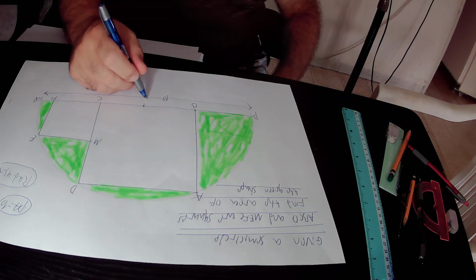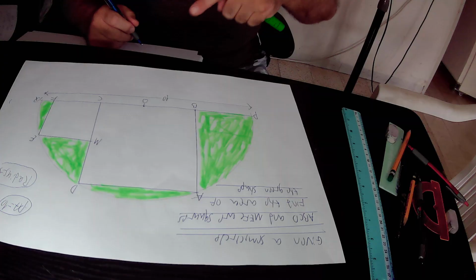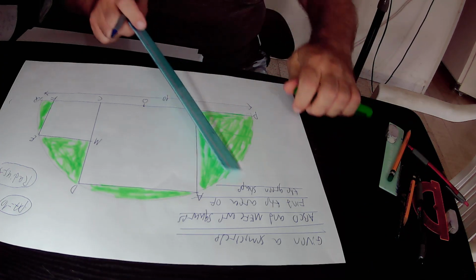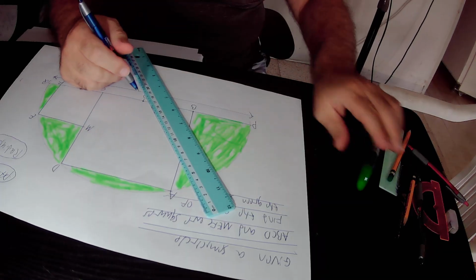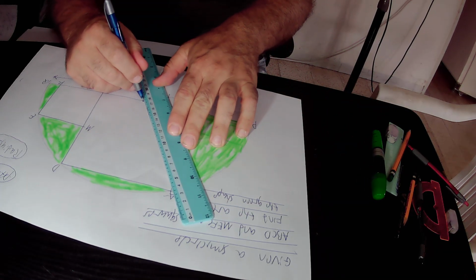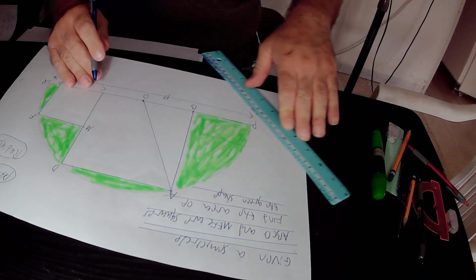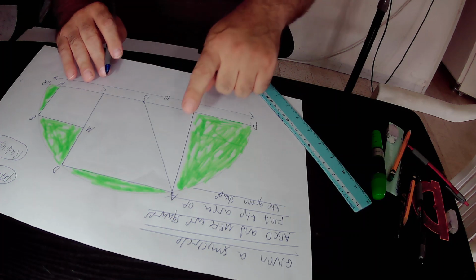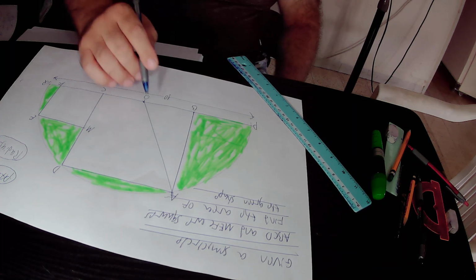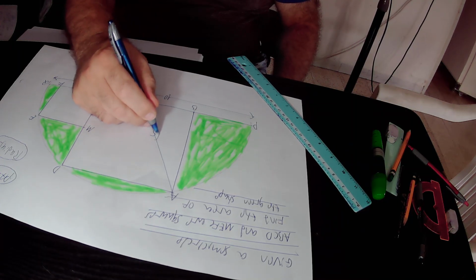This point is point O. We will join points O and A together by a straight line. Point O is the center of the semicircle, point A is the point on the semicircle itself, therefore OA is the radius of this semicircle that is equal to 5 units in its length.